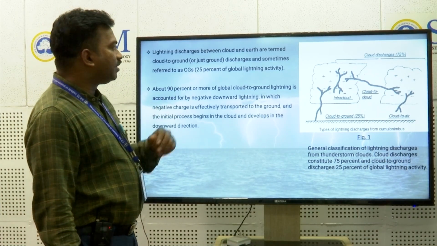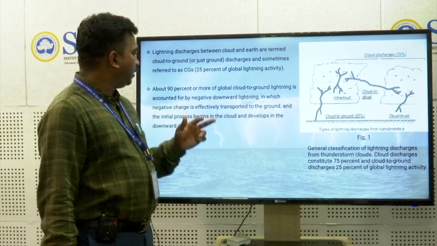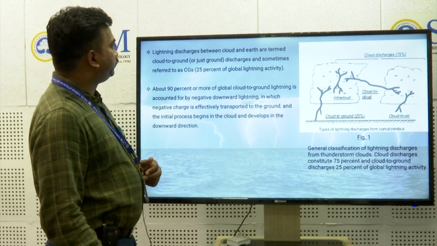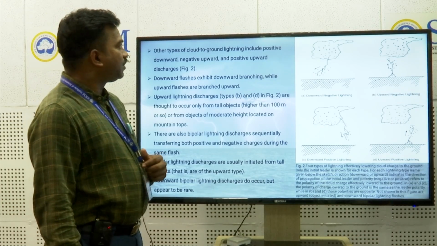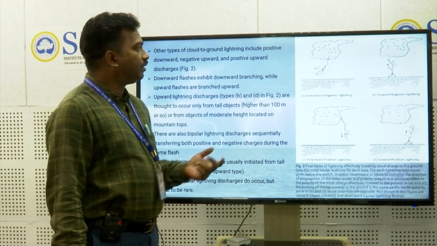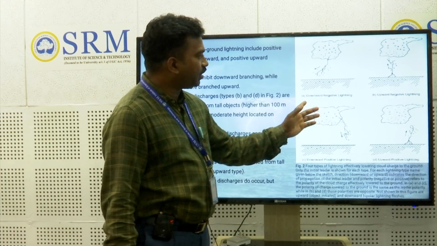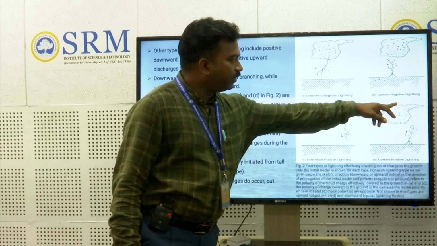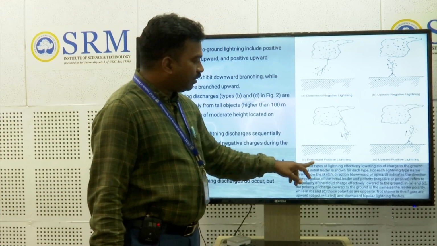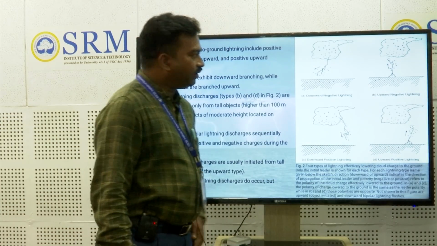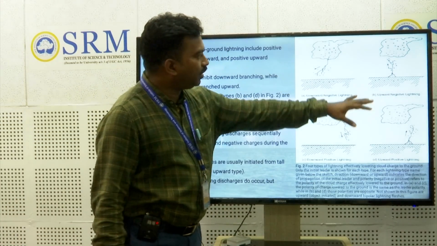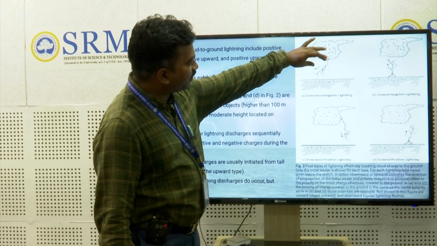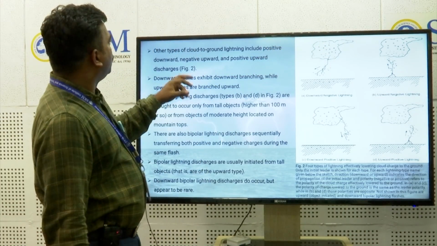About 90% or more of cloud to ground lightning is accounted for by negative downward lightning. There are other types of cloud to ground lightning, as you can see in the pictures A, B, C, D. A refers to downward negative lightning, B refers to upward negative lightning, C is downward positive lightning, and D is upward positive lightning. You can see how the various lightning branches are shown here.